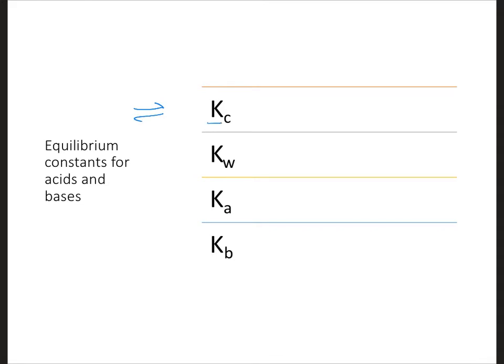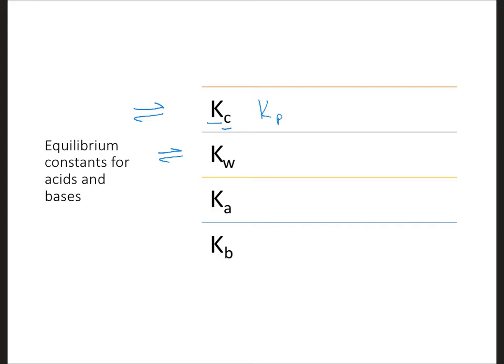K there was saying this is going to be the equilibrium constant, and it's in terms of concentration as opposed to, say, in terms of pressure. Since we're dealing with a lot of acids and bases, these are not happening in gases, so we're not dealing with Kps, we're dealing with Kcs. We also talked about how water auto-ionizes into those different ions, and that doesn't happen a whole lot in the forward direction, and so we end up with this K that's associated with the auto-ionization of water.